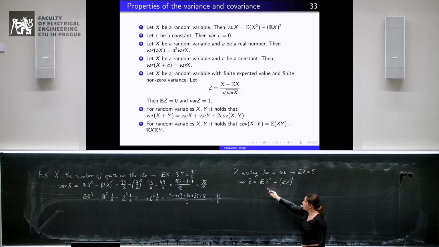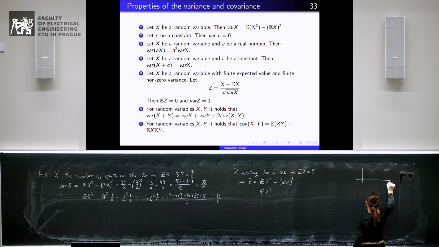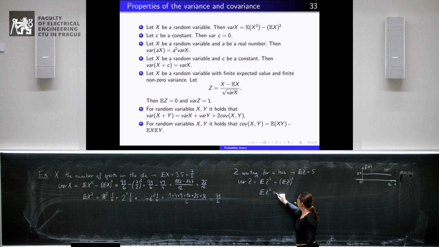We have the expected value, so we need to calculate the expected value of Z squared. And since our density was constant, equal to 0.1 in the interval from 0 to 10, and equal to 0 otherwise, I will write just briefly that it is the integral from 0 to 10.